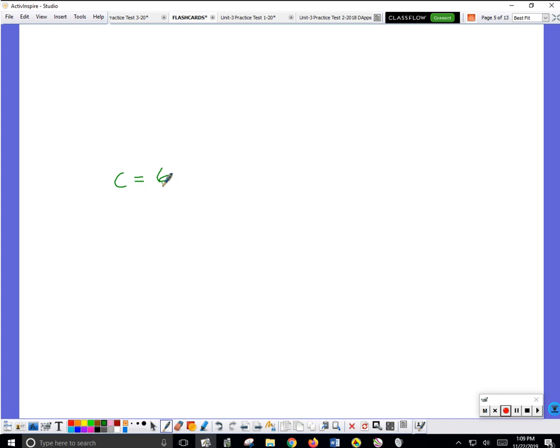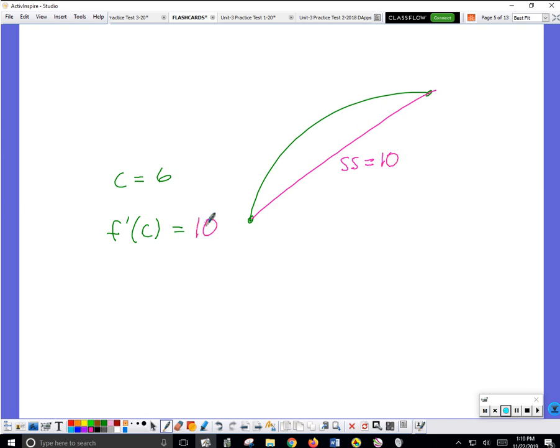And then they ask you to figure out what f prime of c is. They want you to find that slope somehow. And in the problem, they had given information that would allow you to find this slope. Well, if I know this slope is 10, then I know f prime of c has to be 10 if c is the place where the mean value theorem is satisfied. I've seen it happen that way.